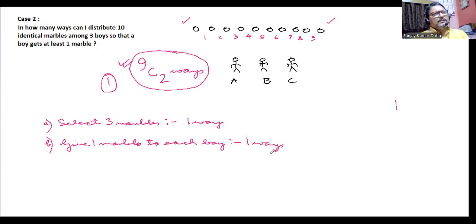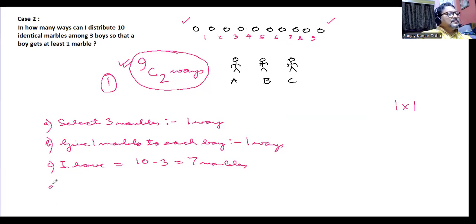My activity is what? Throw. Only one activity. So I do that activity also, simultaneous activity. So rule of multiplication. Okay, 1 into 1. And now how many marbles do I have? I have now 10 minus 3, 7 marbles, correct?